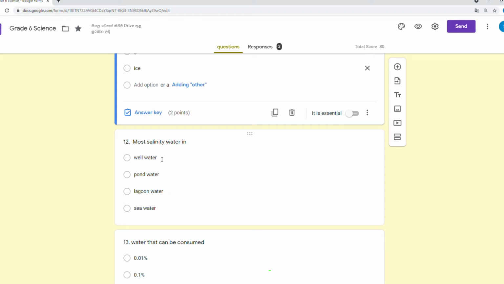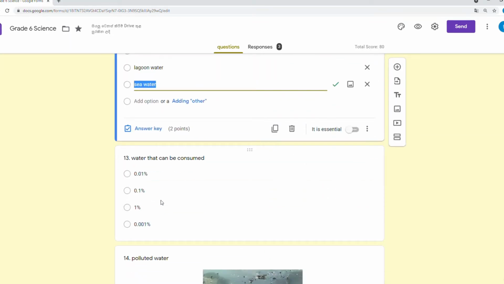Here, according to the given list, we know that in sea water, so many types of salt are there, for example sodium chloride, magnesium sulfate, likewise, so many salts are dissolved there. Because of that salt, sea water is highly saline water. So your answer should be the fourth one, sea water.